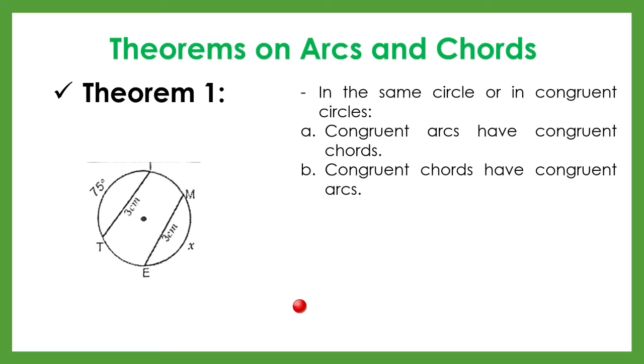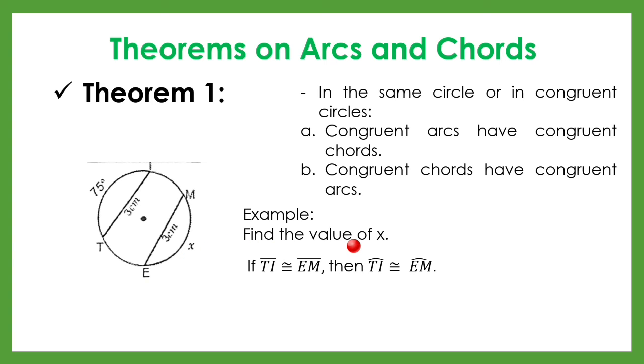Let's have an example. So, in our circle, line segment TI is 3 centimeters. Line segment EM is 3 centimeters. Arc TI is 75 degrees and arc ME is X. In our example, find the value of X. So, if line segment TI is congruent to line segment EM, then arc TI is congruent to arc EM.